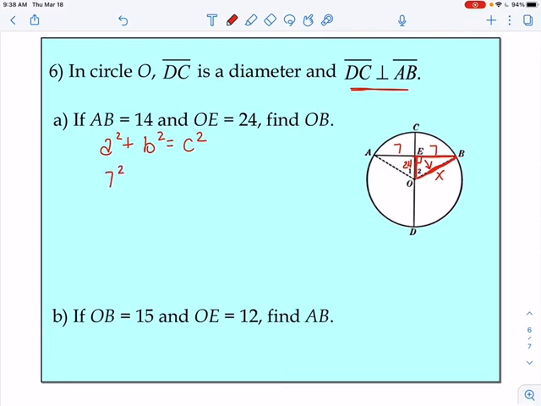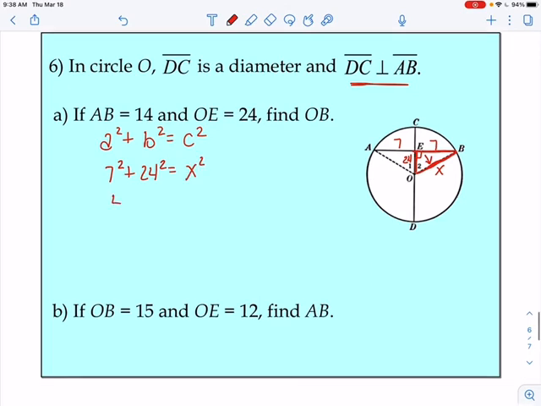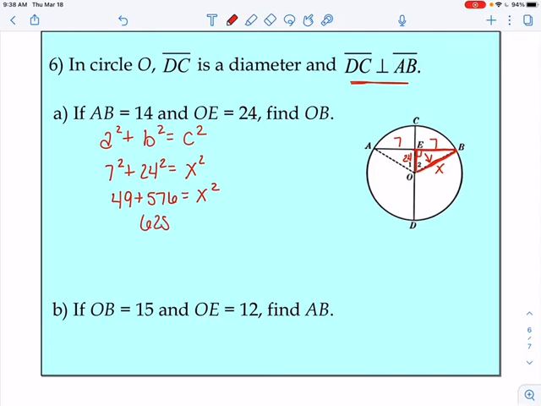So I'll do 7 squared plus 24 squared equals x squared. 7 squared is 49. 24 squared is going to be 576. And that's going to equal x squared. Add the 49 and the 576 together. That's going to give me an answer of 625. So 625 is going to equal x squared.